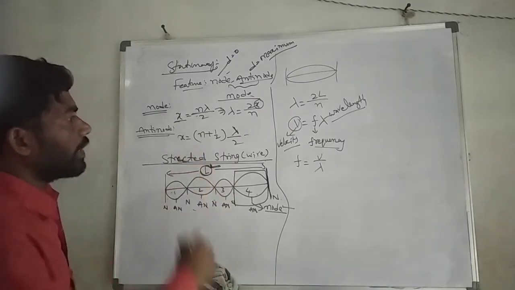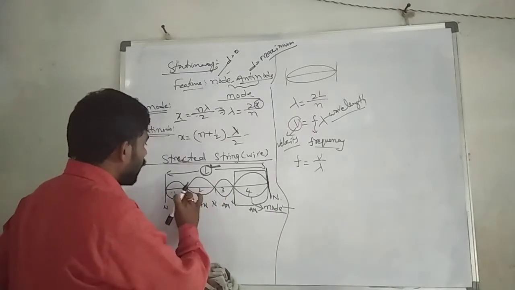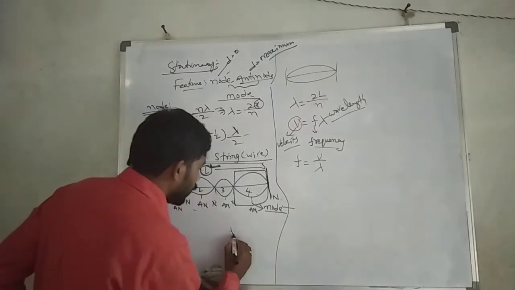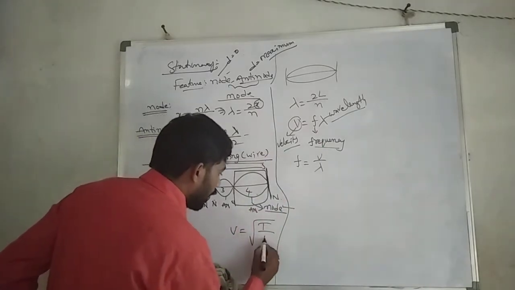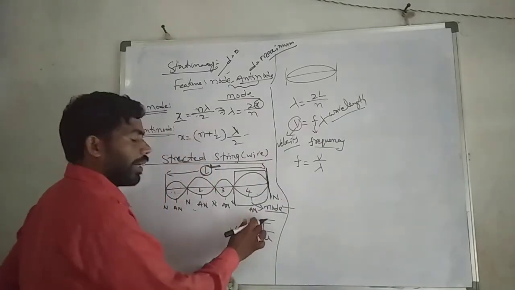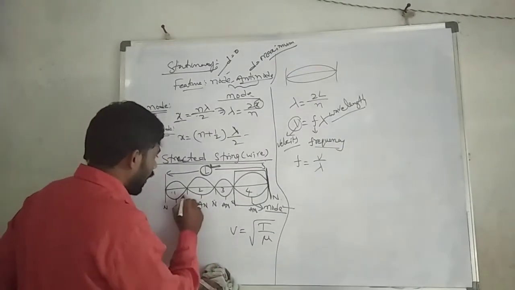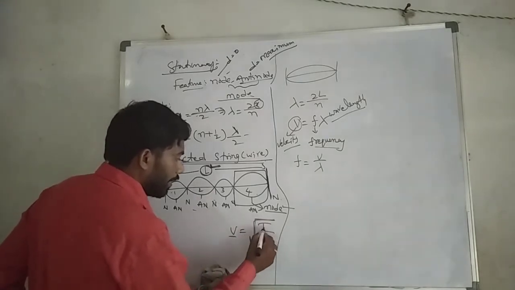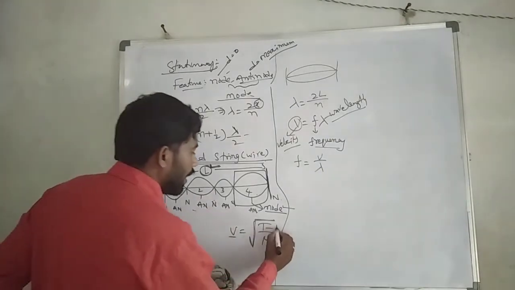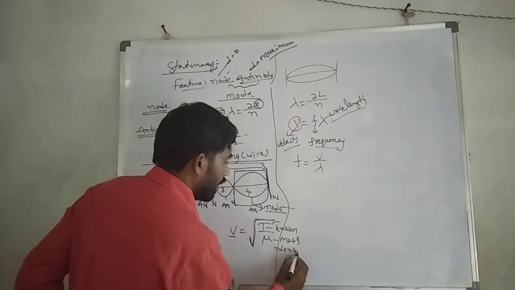The speed of a stretched or transverse wave v, as we already know from the previous class, equals the square root of T by mu, tension by mass density. This is the tension force, and this is the mass density.